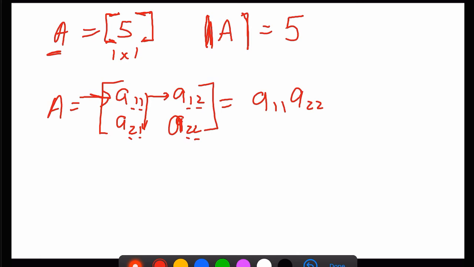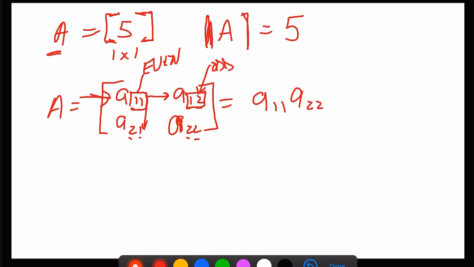All right. Now, why? So let's look at A11. 1 plus 1 is 2. If I look at A12 here, 1 plus 2 is 3. This is even, and that's odd. Okay?